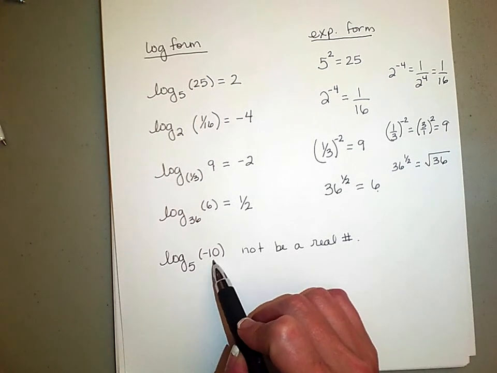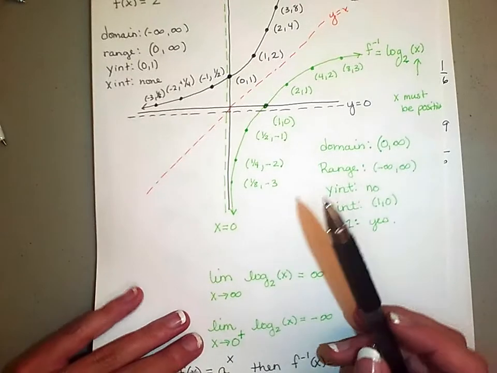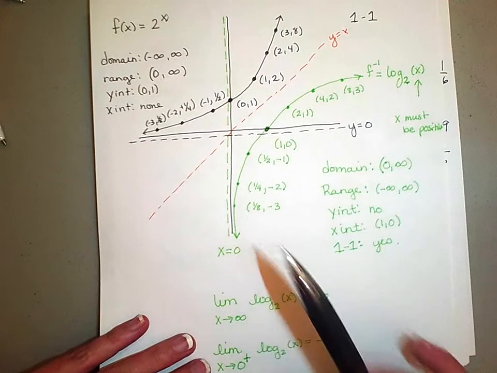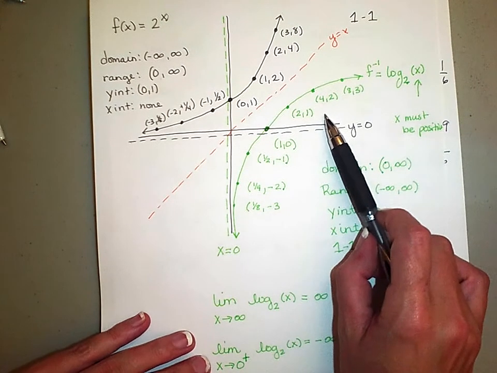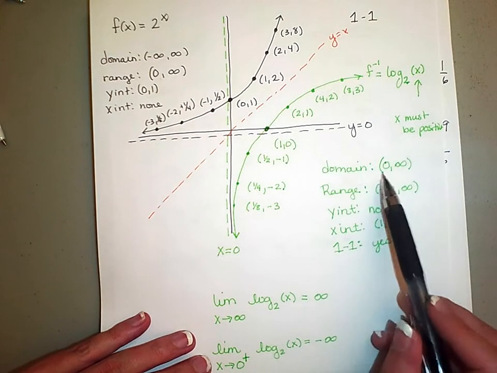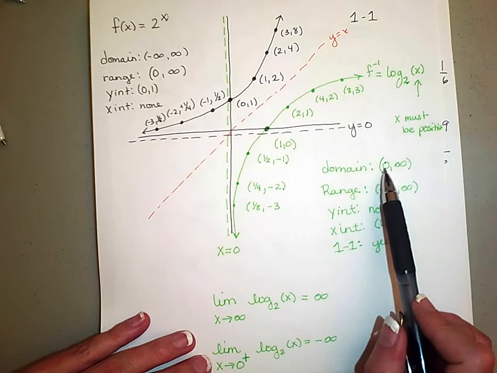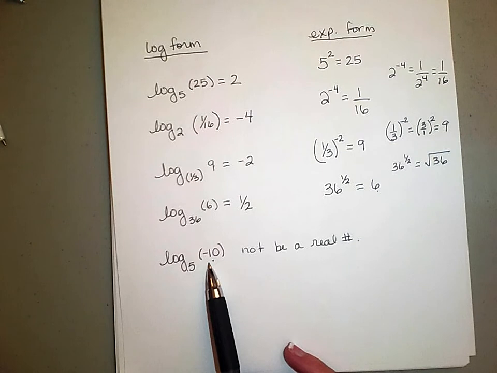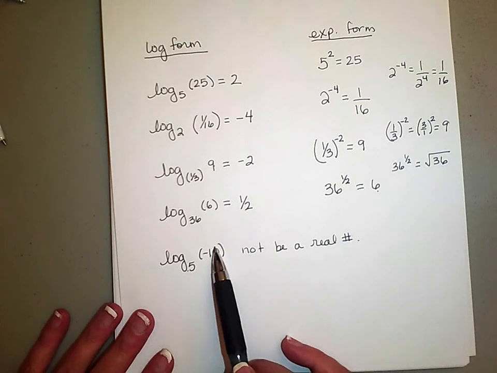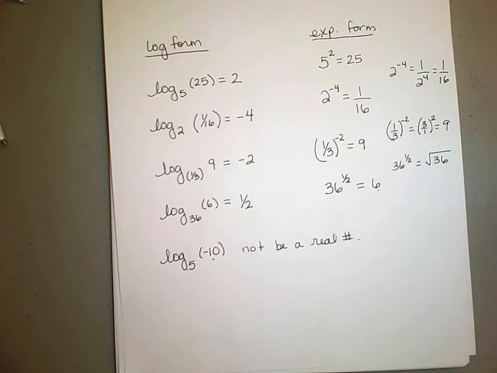It's because, now this is the log base 5, and I'm showing you the log base 2, but all of these basic logarithmic functions have the same shape and the same characteristics, and the domain is that you can only put in positive numbers. 0 won't even work. So here, I'm trying to take the logarithm of a negative number, and that doesn't exist in the reals.